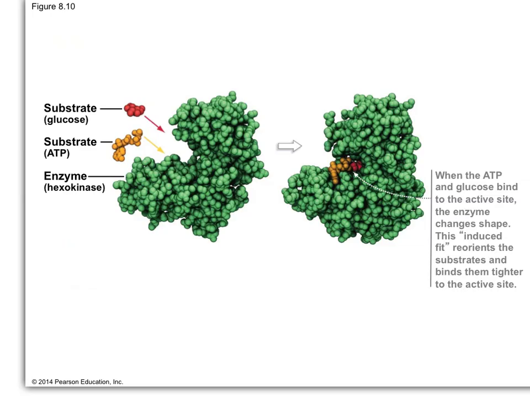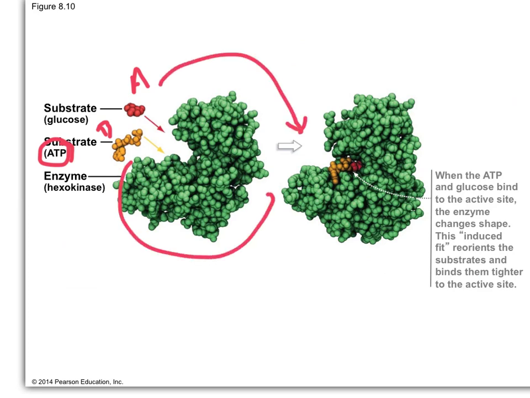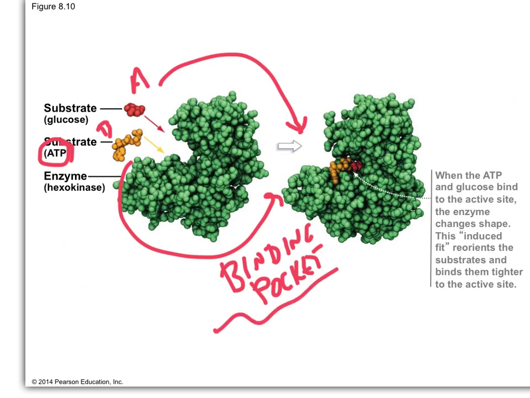Here's that one example that I talked to you about. If you have substrates, you have substrate A and substrate B. Notice substrate B is ATP. A and B can fit together into a binding pocket. So there's usually a binding pocket of an enzyme, and the place where catalysis occurs is called the catalytic site.